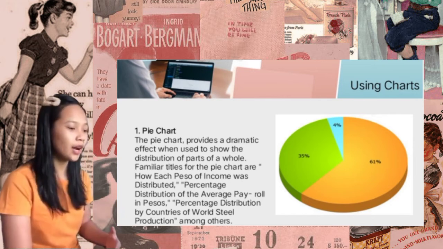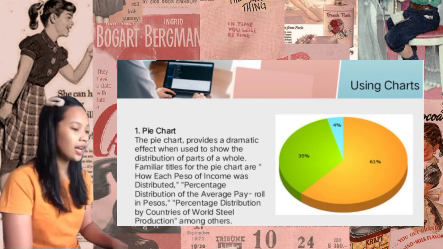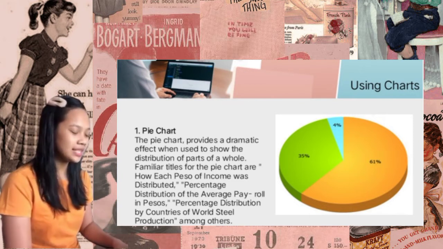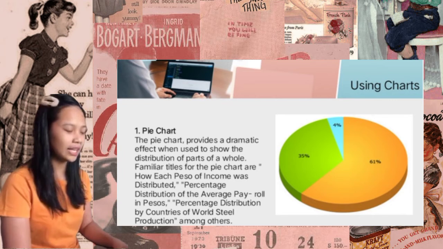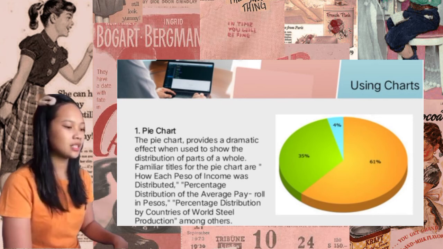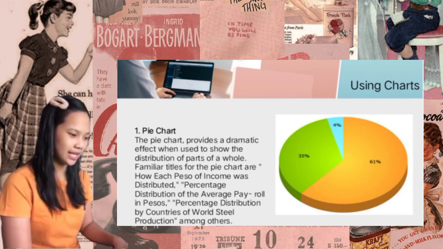So remember, when using a pie chart, the sum of the data is equal to 100%. Take a look at this picture. 61% plus 4% plus 35% is equal to 100%. So it is accurate, it is correct.